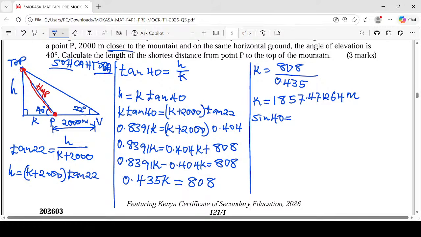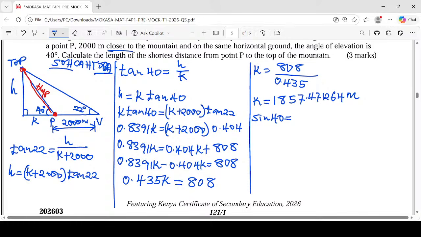Because this will be giving some things that we are yet to get. The length of the shortest distance from P to the top of the mountain. I'm trying to see something here. So that might not give us what we want.